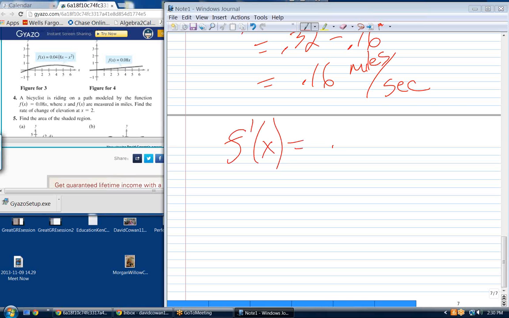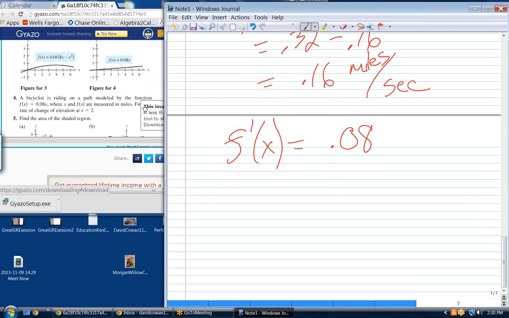Just 0.08. So what is the rate of change at 2? 0.08. Exactly. It's 0.08 everywhere on that curve. What is that? It's the slope of that linear line, which doesn't change over time. Exactly. No matter where you're at, how many seconds, you're still moving forward at 0.08 per second.